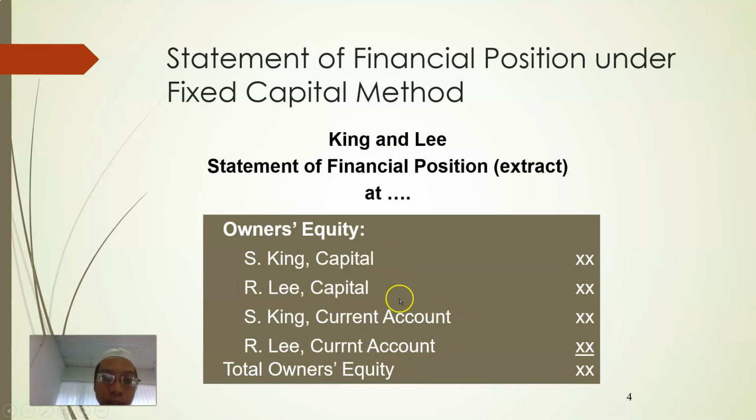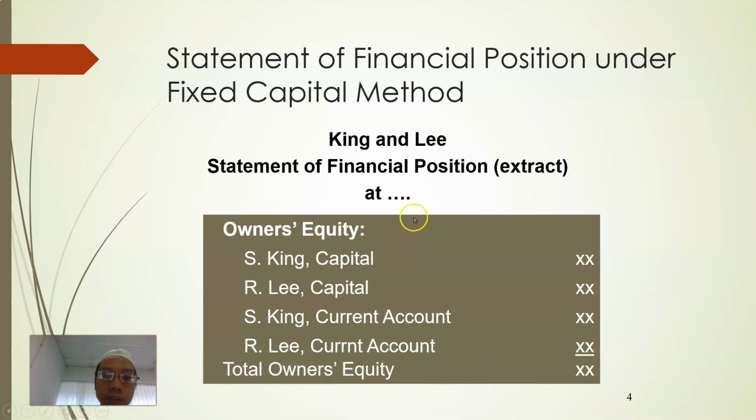So you will expect that the current account of the partners will be changing every year, but the capital account will remain the same, unless the owner brings in additional investment. So that will be the main difference between the fixed capital method and the fluctuating capital method.